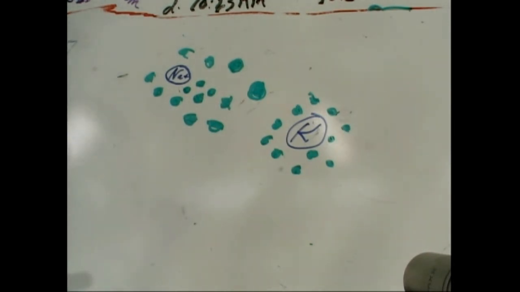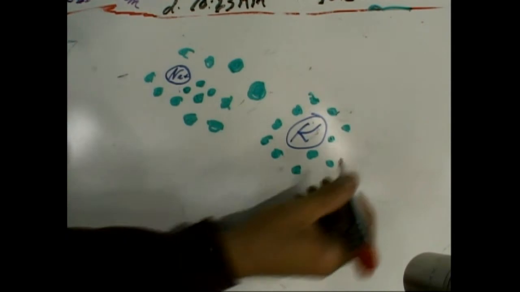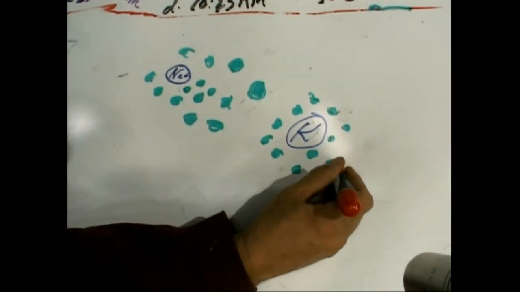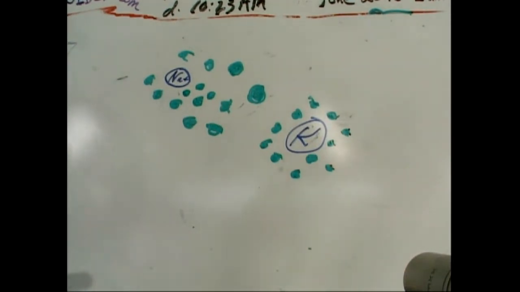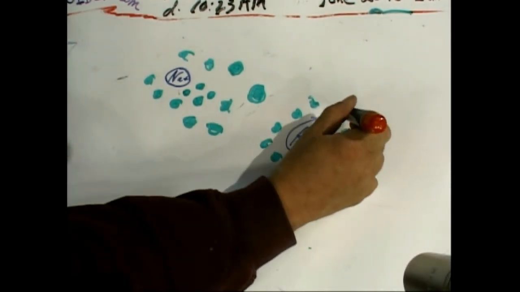Red dots, where's our red dots? These are waters, right? So we're gonna draw all these in. That's where I need my music. What is going on? I knew I should have restarted that thing before.